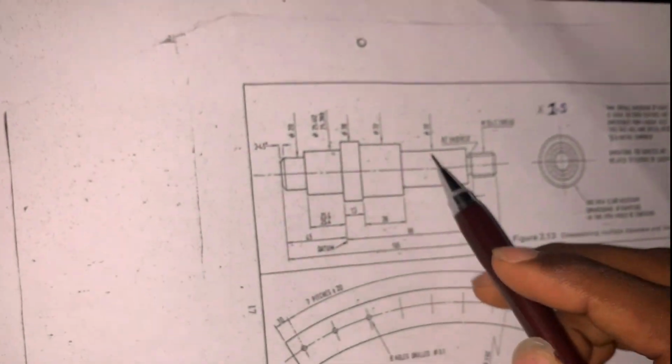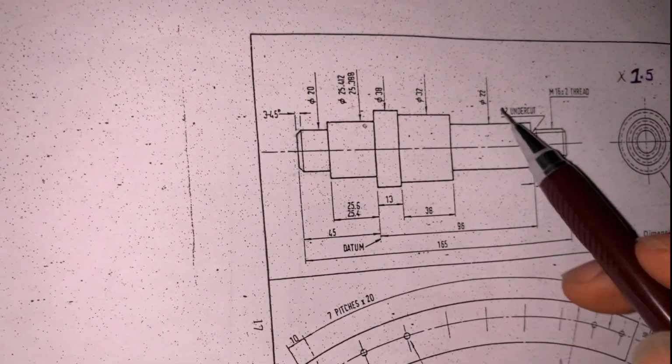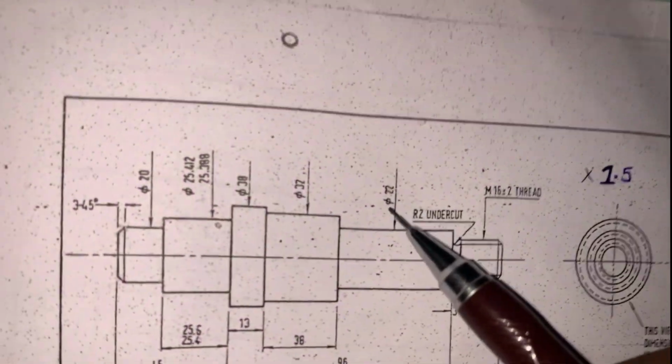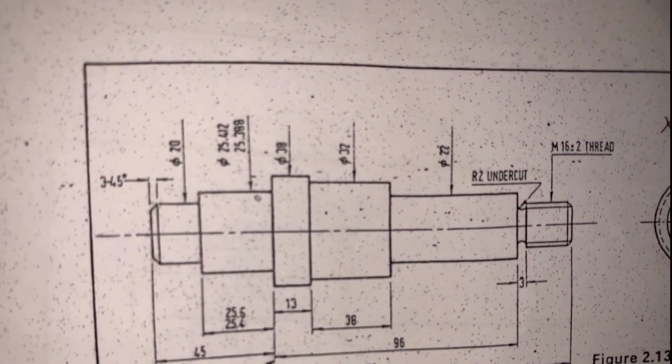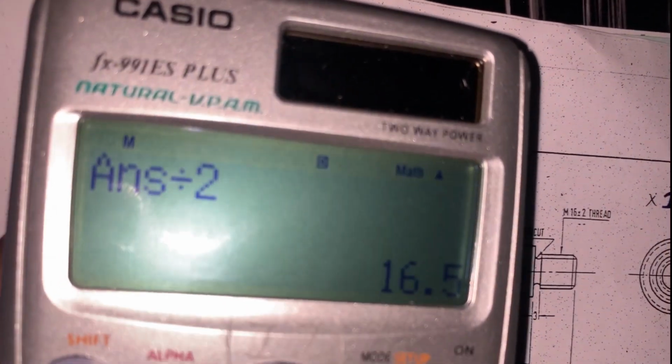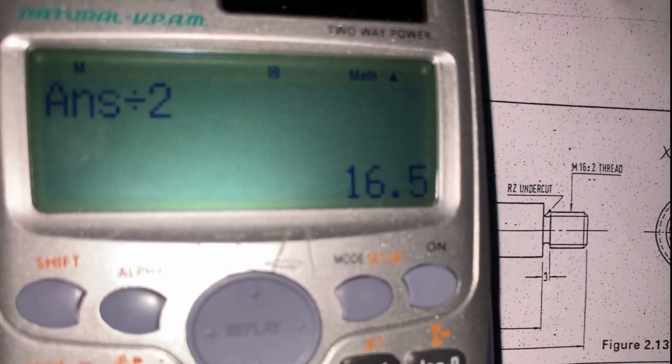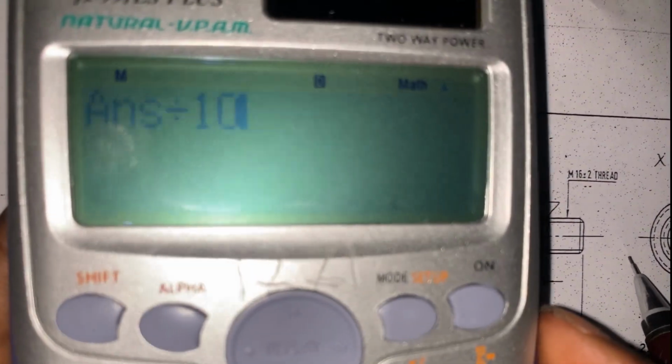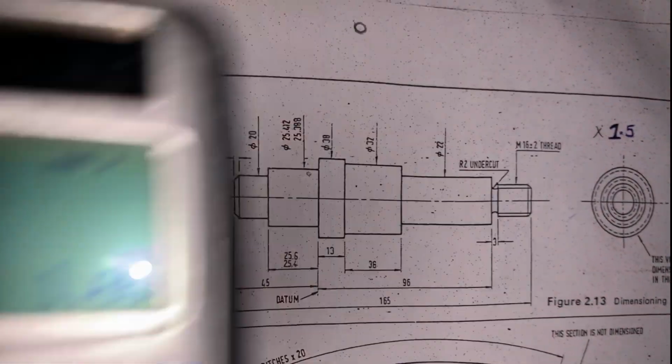So it's remaining this large part, and they gave the diameter to be 22. We're also multiplying it by 1.5, so we'll do 22 times 1.5, which is 33, and 33 divided by 2 is 16.5. 16.5 is the same thing as 1.65.